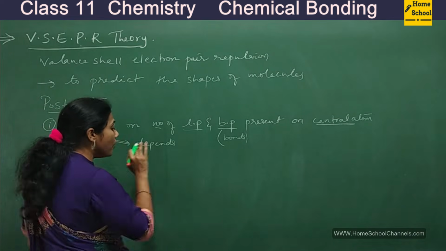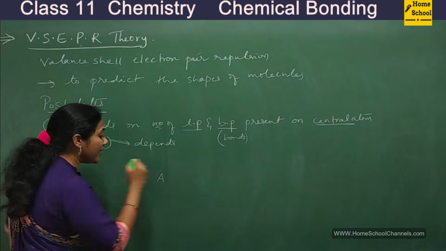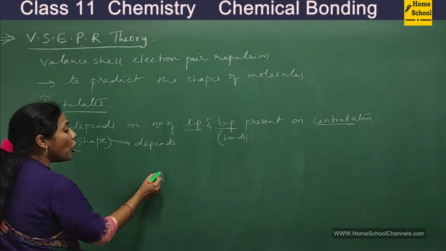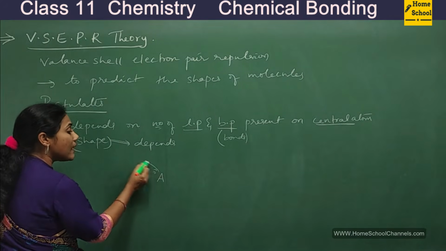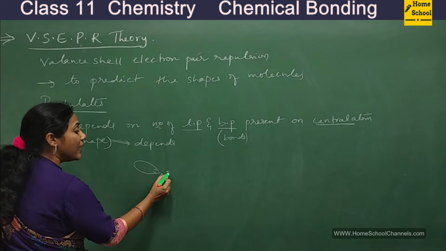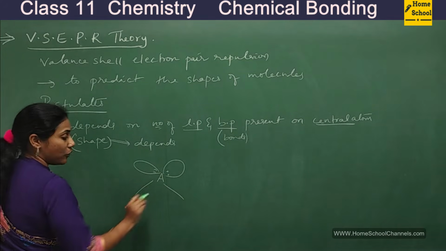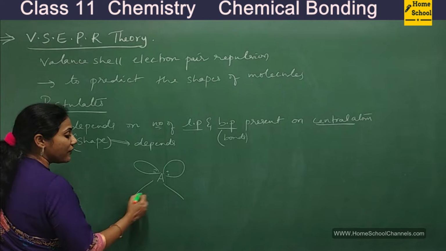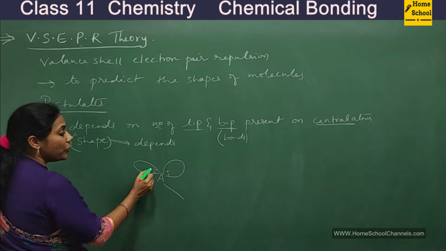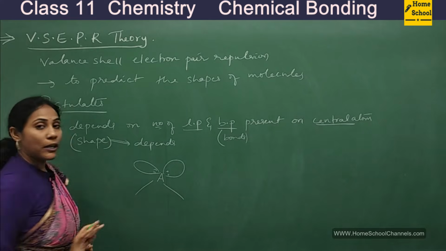Say for example, imagine A is a central atom. On this central atom, suppose you have one lone pair and another lone pair, and you also have some bonds around it. These bonds are with some side atoms. So there are two lone pairs and two bond pairs.